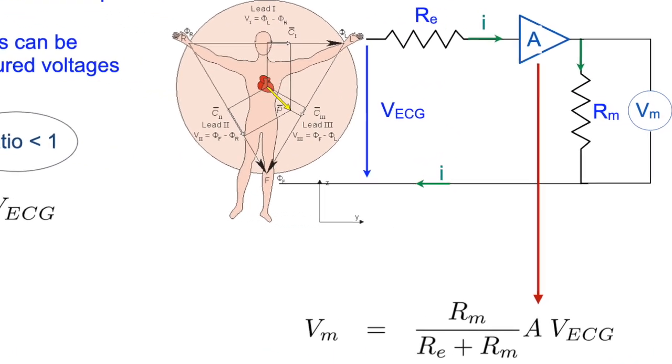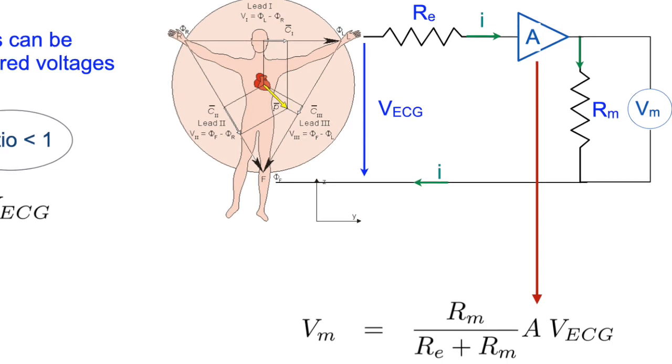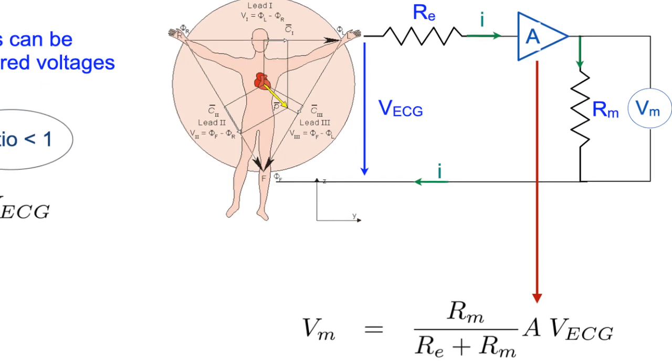It says the output voltage that I measure, the VM that I measure with the voltmeter, is equal to still the voltage divider part. That doesn't magically go away, but I can balance it out by adding in some greater than 1 amplification in the term A multiplied by VECG, and now I can get a signal VM that's actually larger than the original ECG or EEG or whatever signal we're measuring from the body.